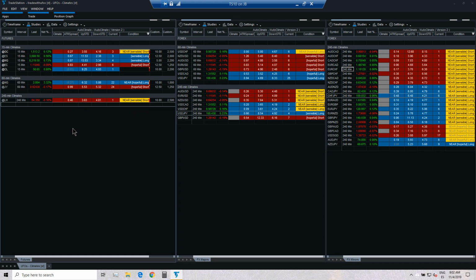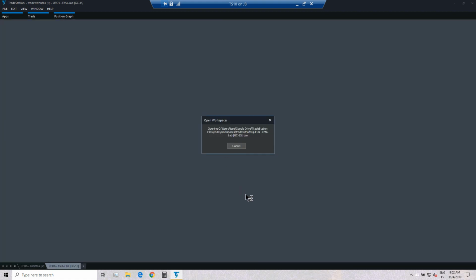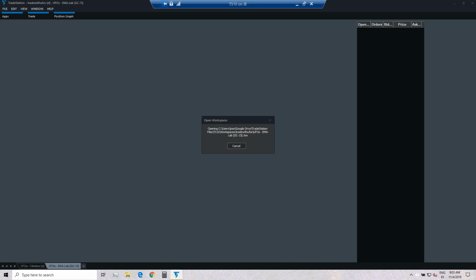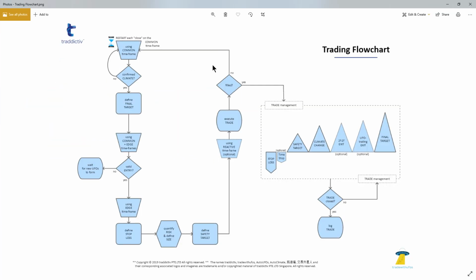So it's time to load the charts and confirm if in the end those trades are valid candidates based on the flowchart process that we normally use. Let me bring it up very quick here as a reminder. We have a flowchart, which is the process that we follow when planning those trades.